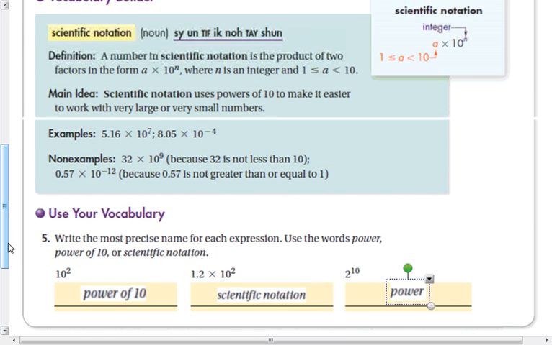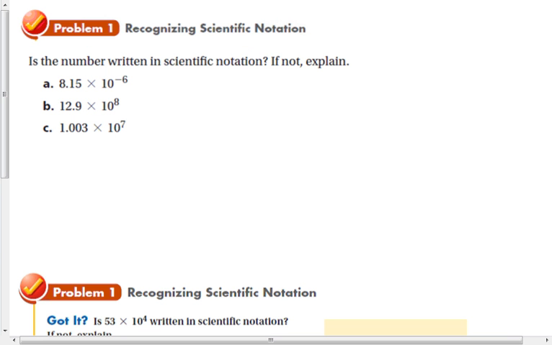All right, I hope you noticed the definition of scientific notation. You're going to need that to understand whether a number is in scientific notation or not. We'll go over that a little bit here. To be written in scientific notation, this number here, the first number, and let's just give an example here.